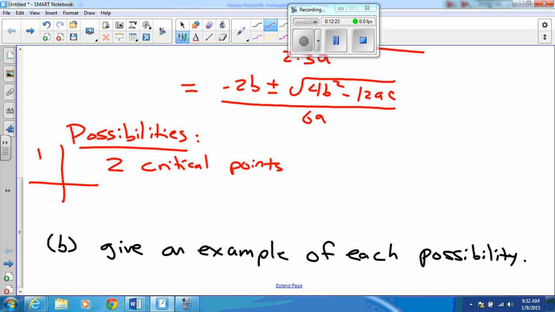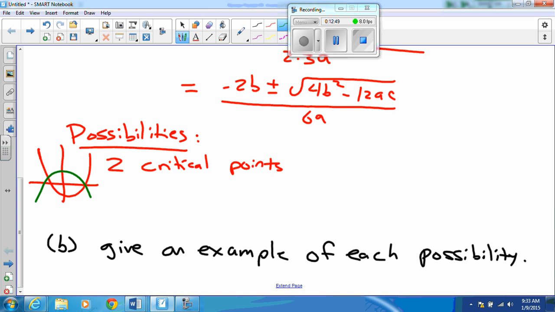Everybody draw a parabola with 2 zeros on your paper. This would be an example of a parabola with 2 zeros. You could also have drawn a parabola that looks like this, right? That's a parabola with 2 zeros.